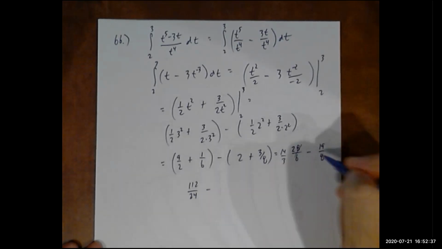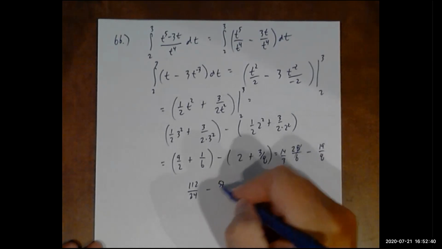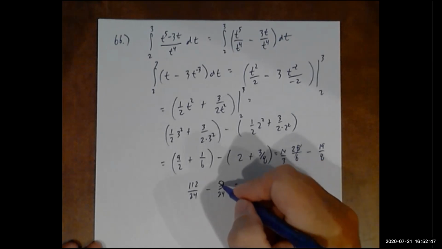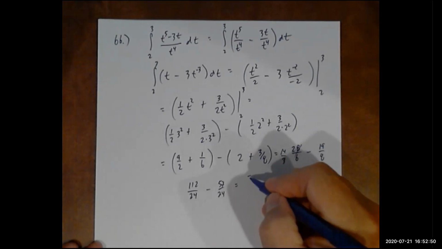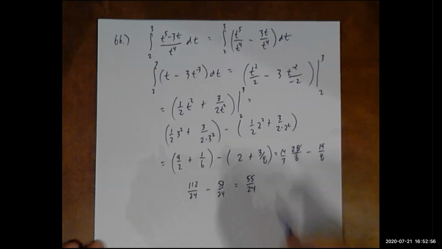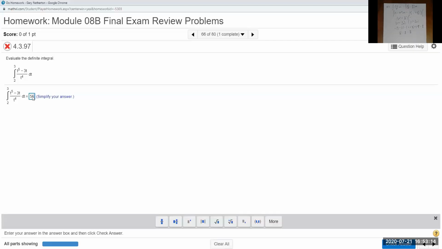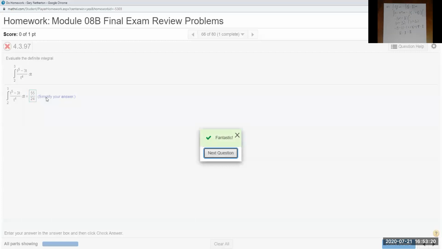Multiply this by 3. 57 over 24. What are the odds that I did all of these fractions in my head correctly? 55 over 24. Not super confident.